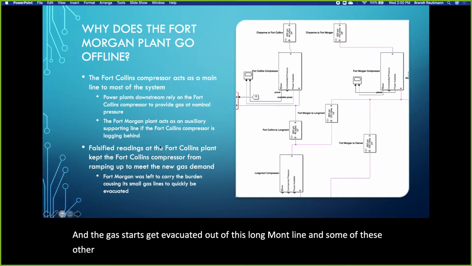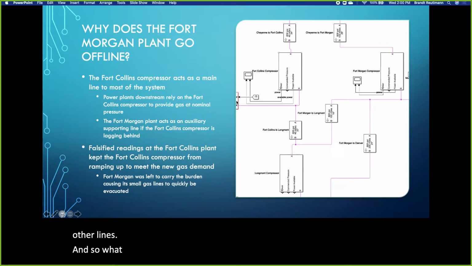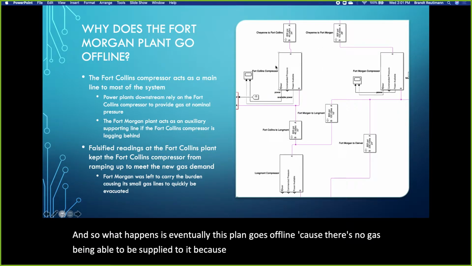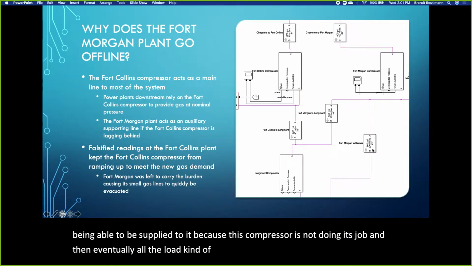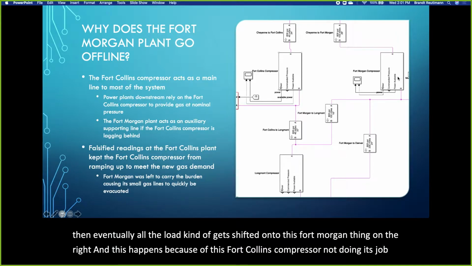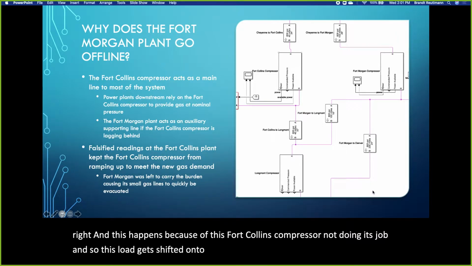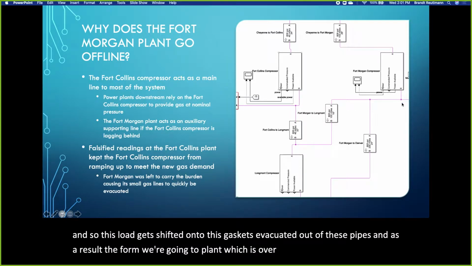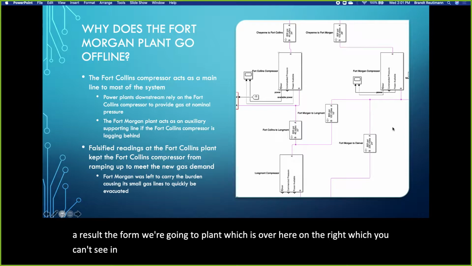Eventually this plant goes offline because there's no gas being supplied to it, because this compressor is not doing its job. Then all the load gets shifted onto this Fort Morgan plant on the right, and gas gets evacuated out of these pipes, and as a result, the Fort Morgan plant, which is over here on the right, which you can't see in this figure, also happens to go offline.